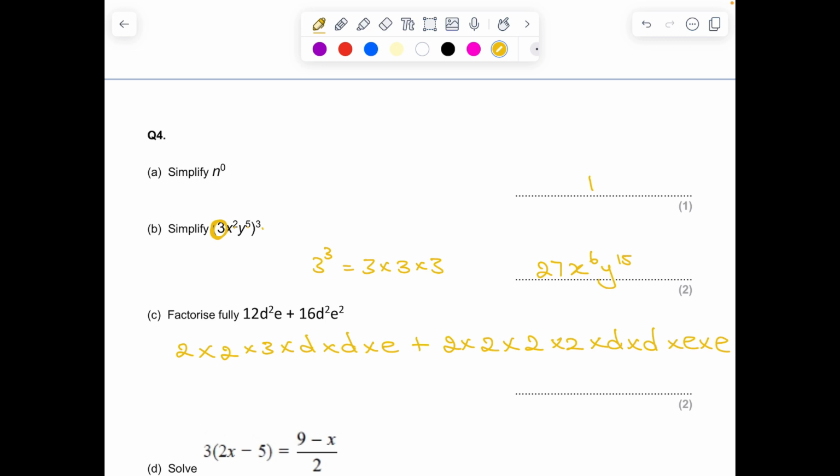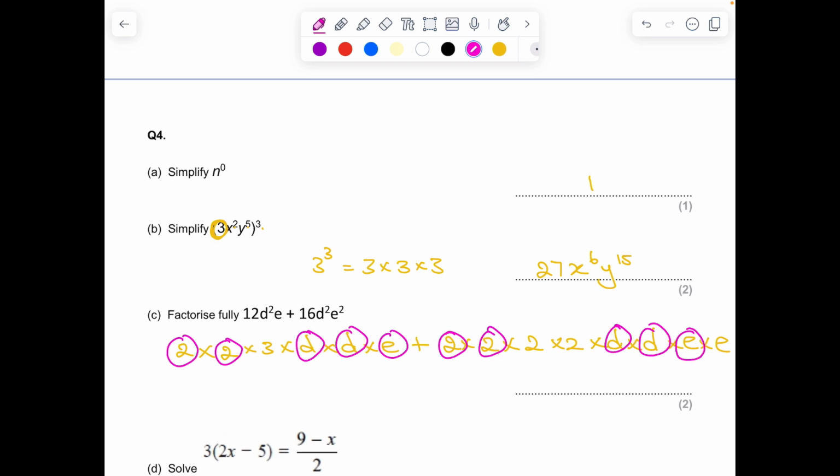So let's circle what appears in both. So 2, another 2, a D, and another D, and an E.